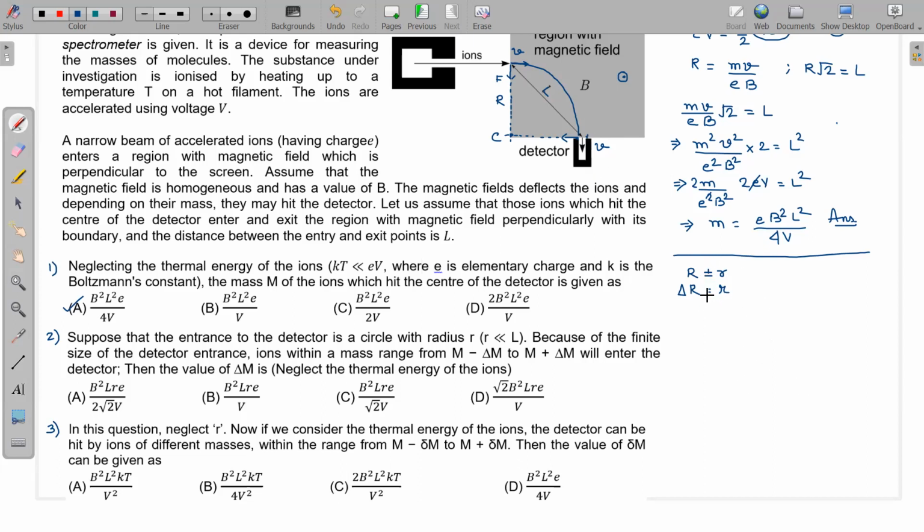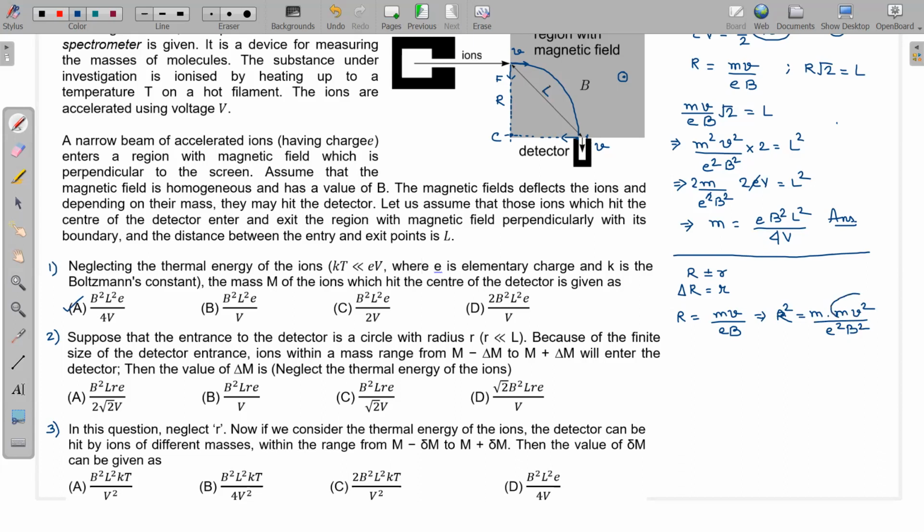So from here we can calculate this value of delta m. We know that the value of capital R is mv divided by e into B. If I square this expression, I can write R square equal to m square v square divided by e square into B square, which is m into mv square over e square B square.